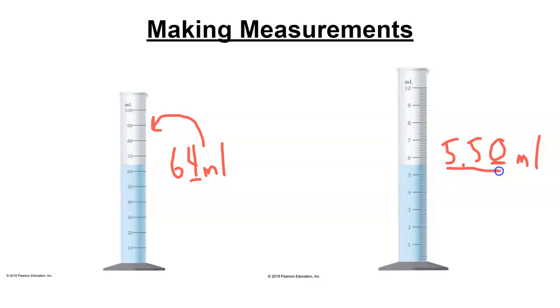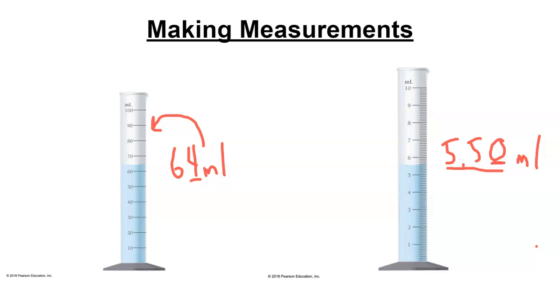When I say 5.50 milliliters, I know that was measured using a graduate that was marked every 10th of a milliliter. And these numbers then become our number of significant digits or significant figures, which we're going to talk about next. So that's how you take a measurement.